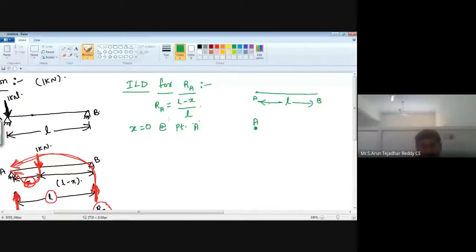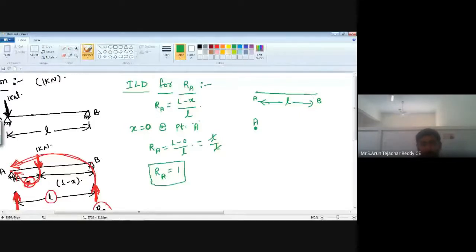Then RA is equal to (L minus 0) by L. It means L by L. So L cancels. Then RA is equal to 1.